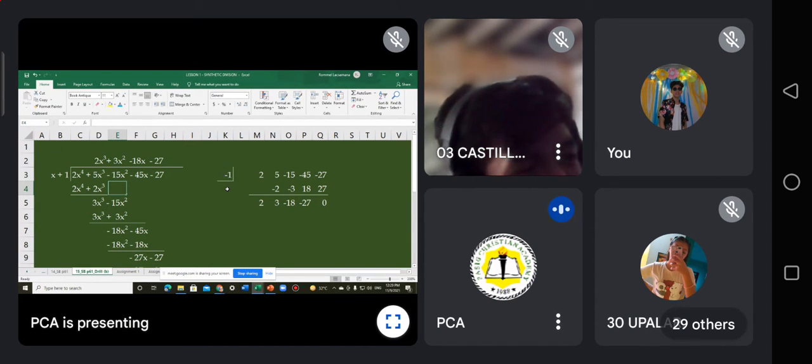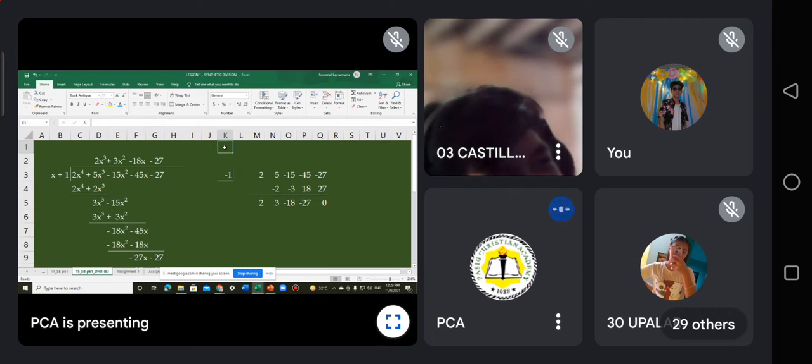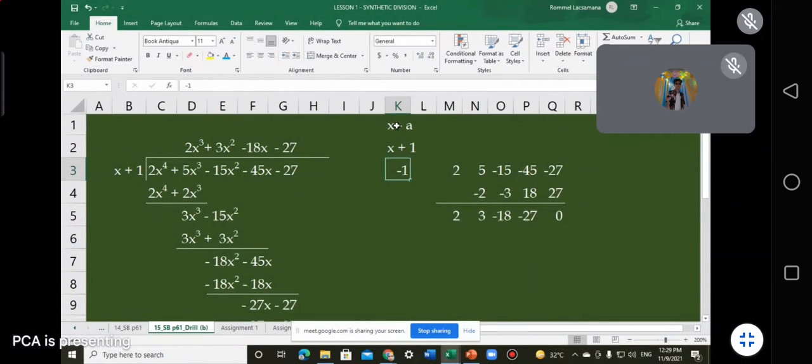But why is this one negative 1? Maybe this one is the one that confused you, negative 1. Okay, x minus a and then x plus 1 is there, no? So what do you notice? If it's plus, your a value will be negative, no?